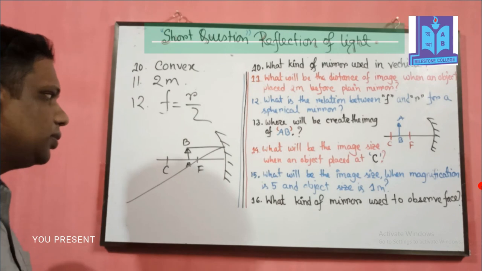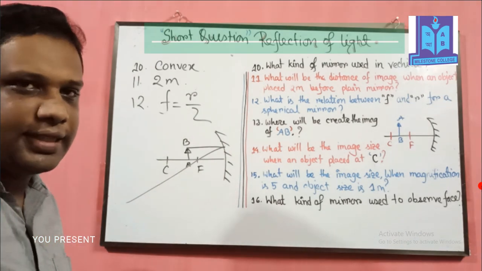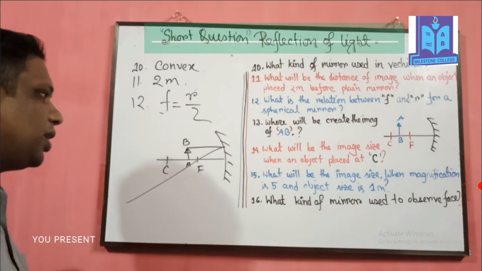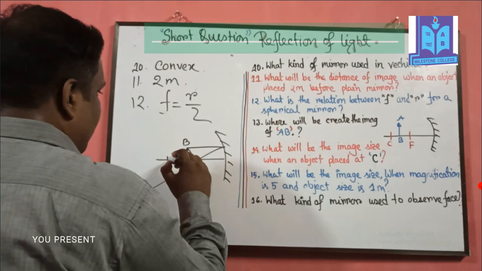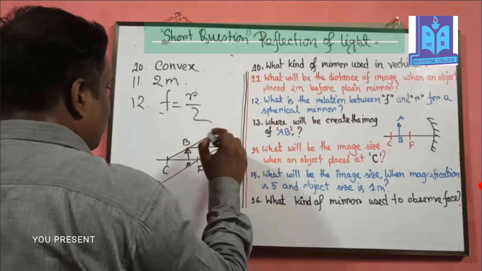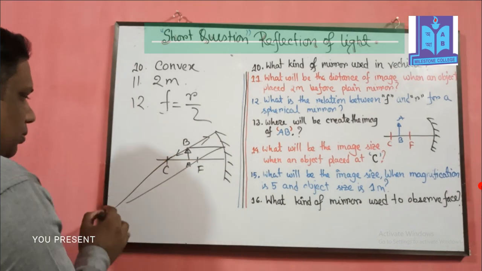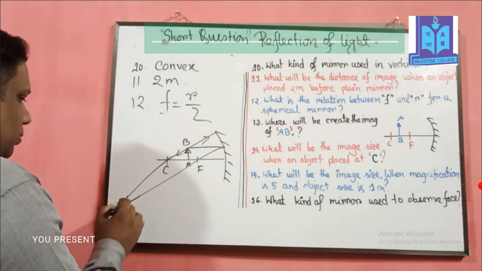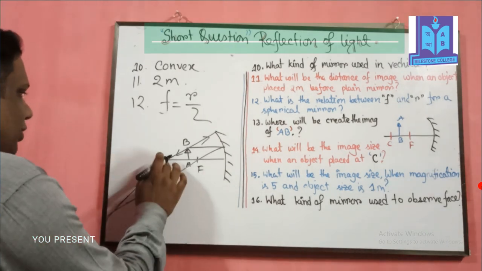We all know that when a light ray incident along parallel to the principal axis, after reflection it passes through principal focus. Then we have to draw another light ray, which is from center of curvature.